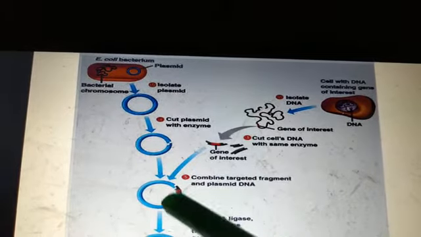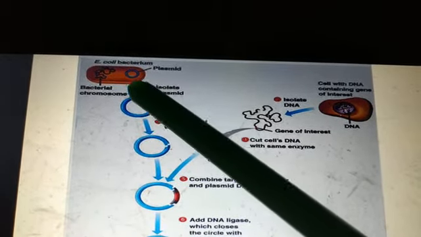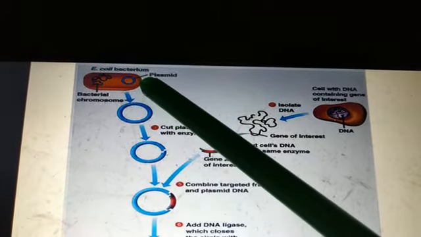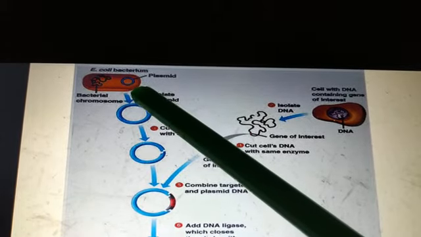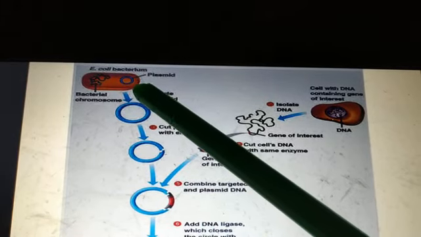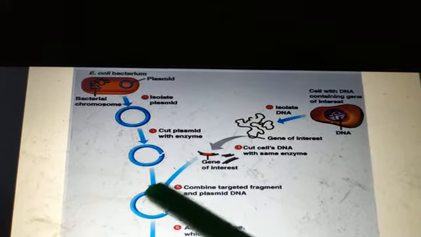Now, this gene cannot go to the host directly. We need a vehicle for that, and as I said, the vehicle will be the plasmid. Plasmids are present in bacteria. These plasmids are extra chromosomal DNA. They are taken out from the bacteria. This is the plasmid. We will recombine these two, the gene of interest and the plasmid.